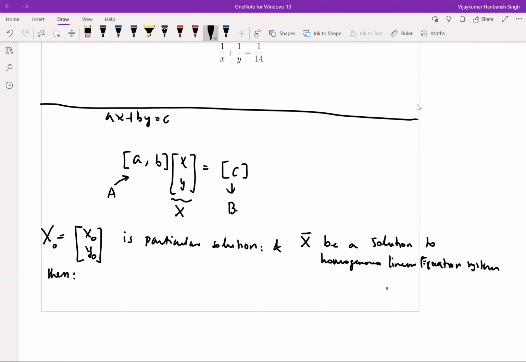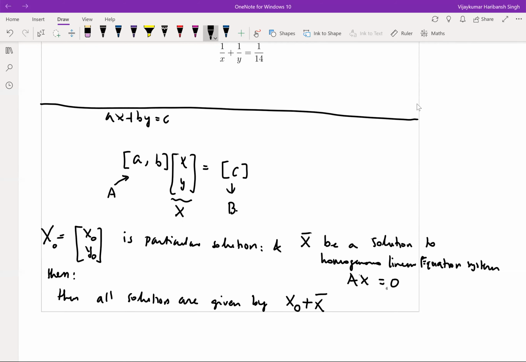So in this case, what is the homogeneous part? You have A X equals 0. Then all solutions are given by X naught plus X bar.